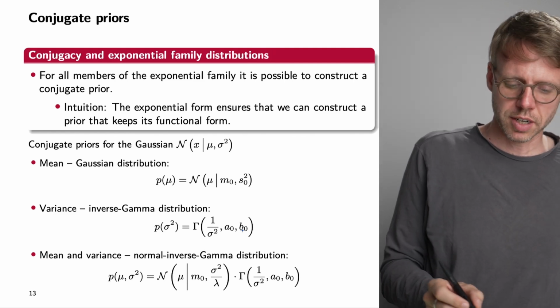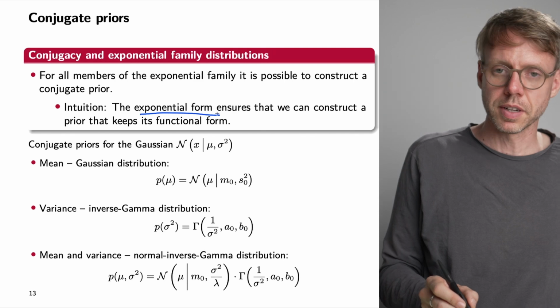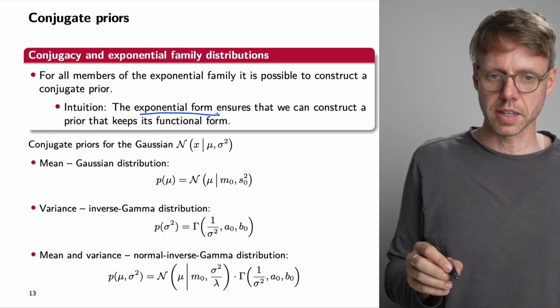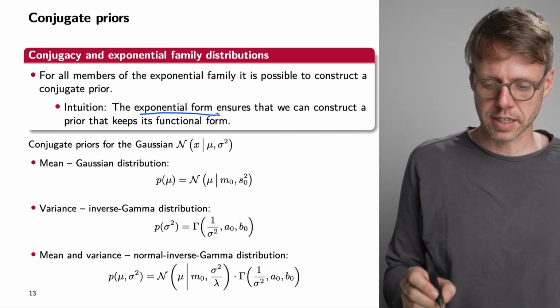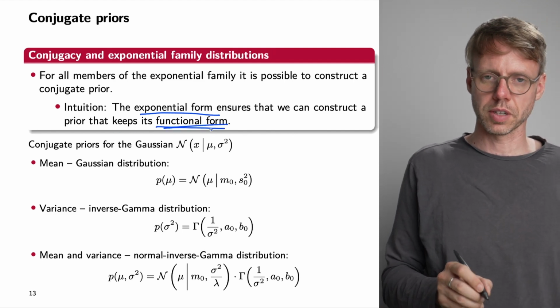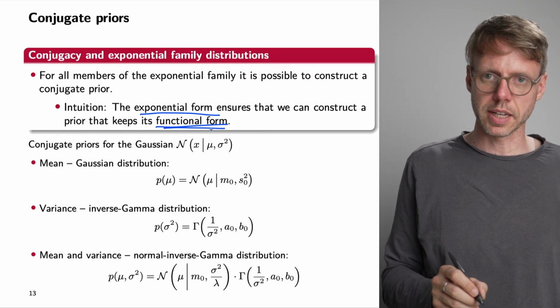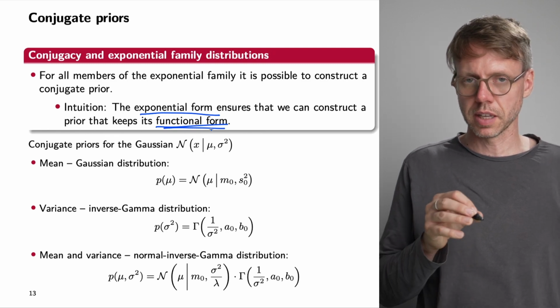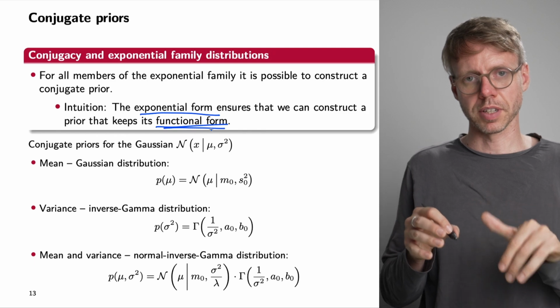The intuition is that the exponential form of the exponential family ensures that we can construct a prior that keeps the functional form. So the prior itself is also an exponential family that will always have this form.